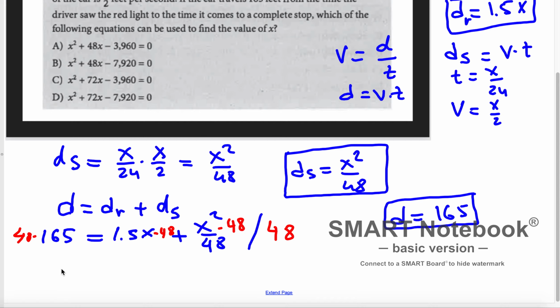When I multiply everything by 48, we can get 48 times 165, if we are looking in a calculator, is going to be 7,920 is equal. If we multiply 1.5 times 48, is going to be 72x. And if you multiply 48 with the 48 here, it simplifies, plus x squared.